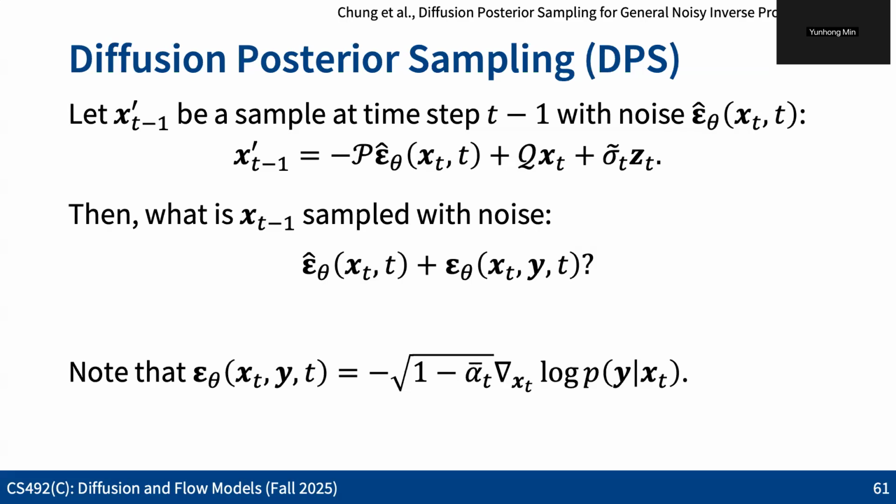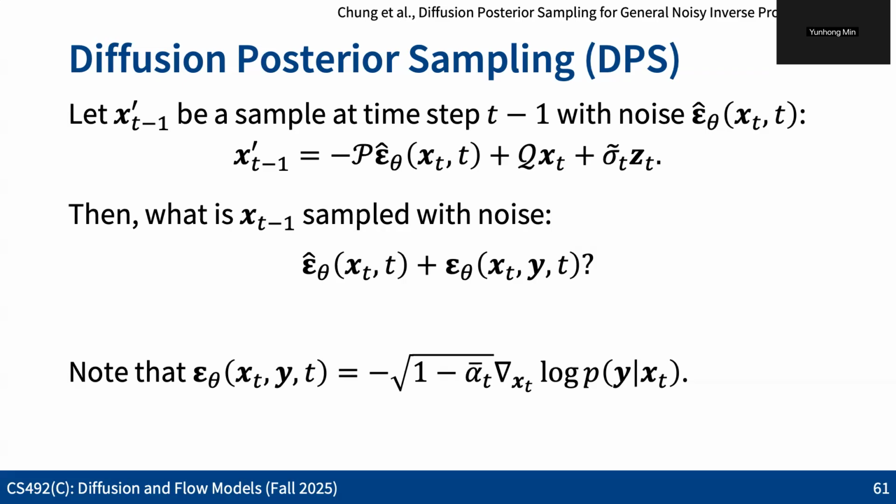But now we want to adjust the noise by adding this term. So when xt minus 1 prime is computed only with this noise, what is the next sample that can be sampled with this summation of the noise here?